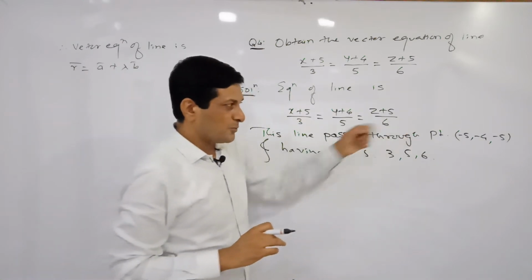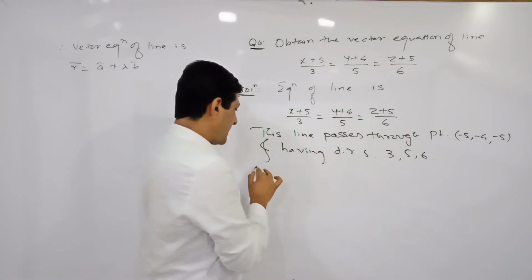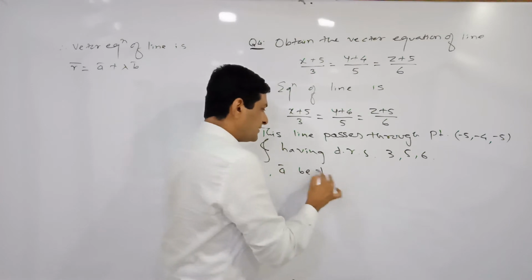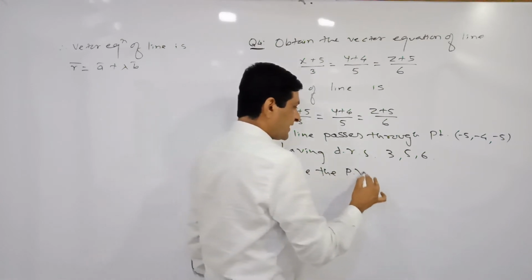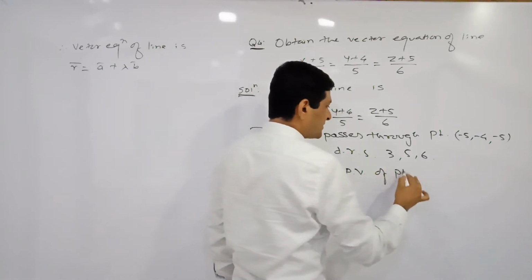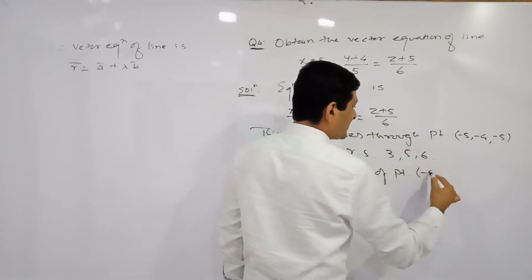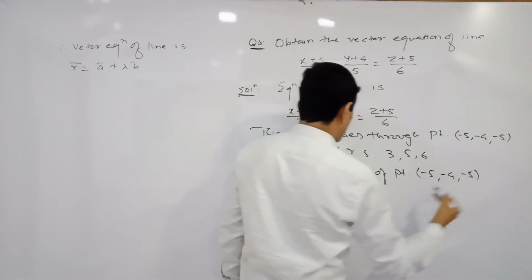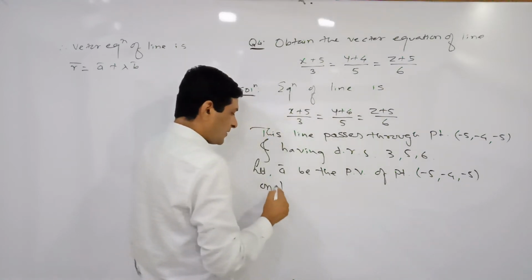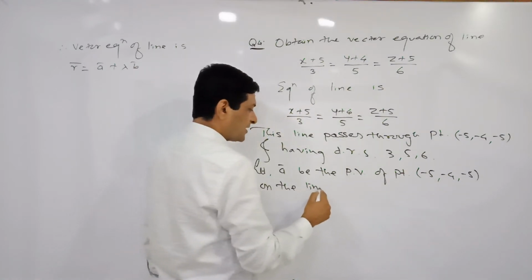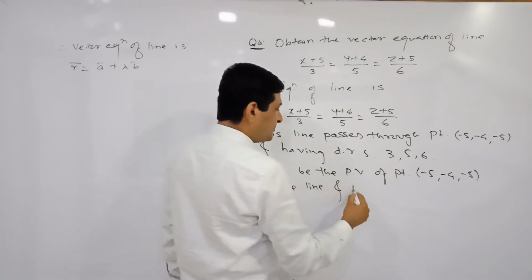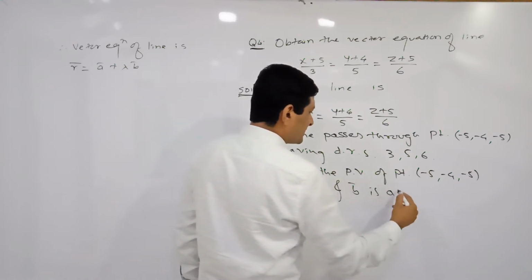So let a bar be the position vector of the point with coordinates -5, -4, -5 on the line, and b bar is a vector parallel to the line.